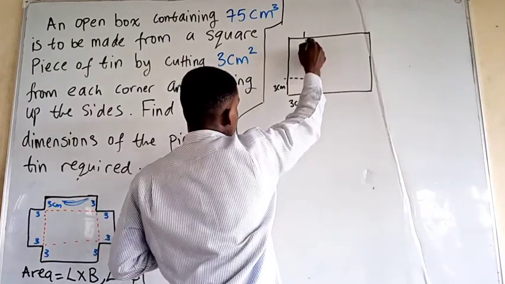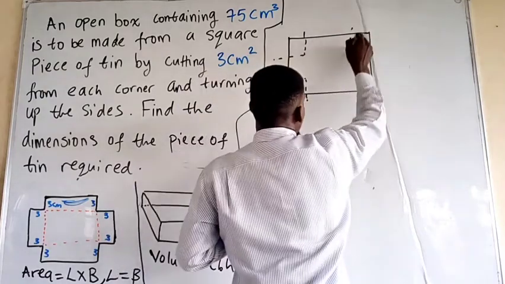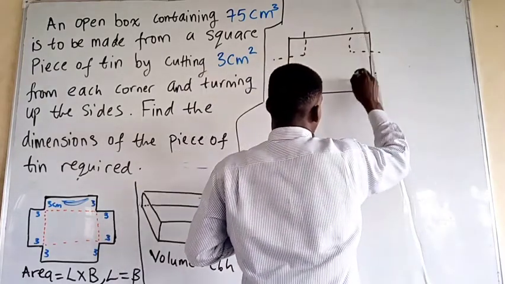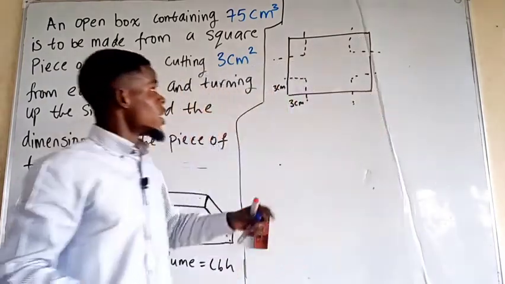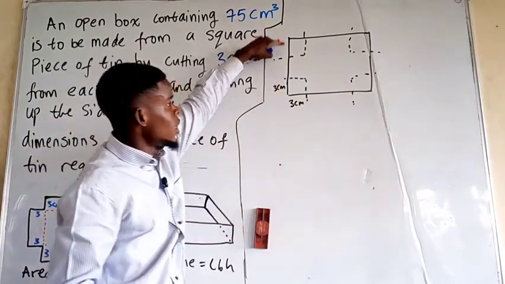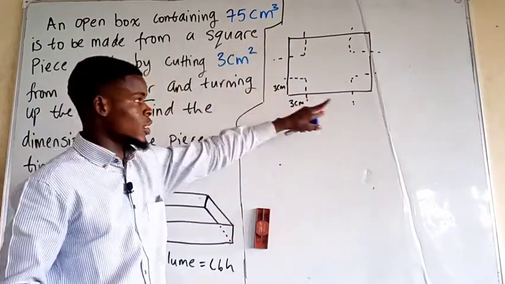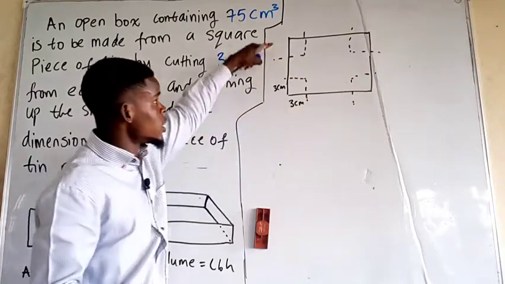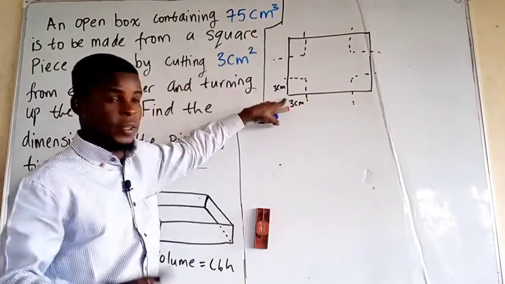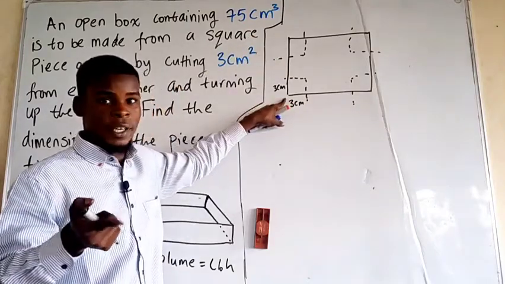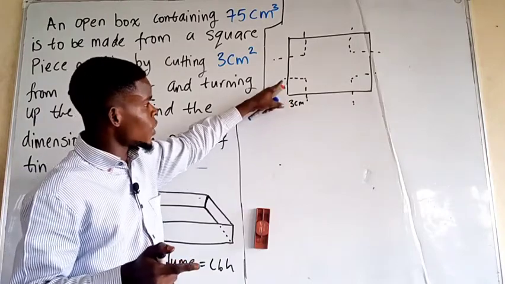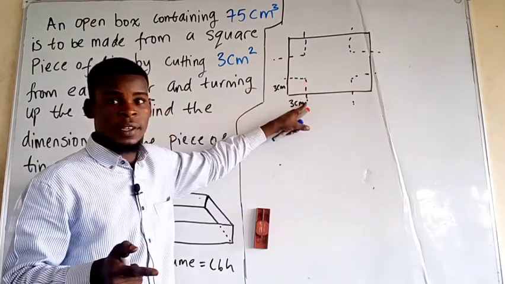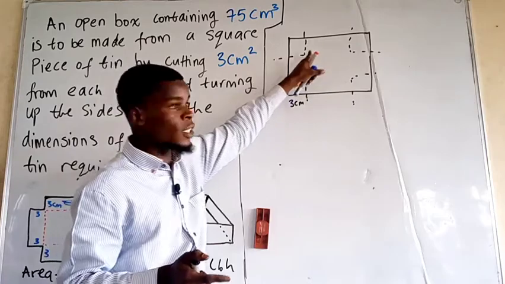The same thing happens to the four sides. Now you notice that this is the actual length. This is a square, the length and the breadth are the same. So this is the actual length of the square, the piece of tin, and we've taken 3 centimeters from here, and we've also taken 3 centimeters from here.